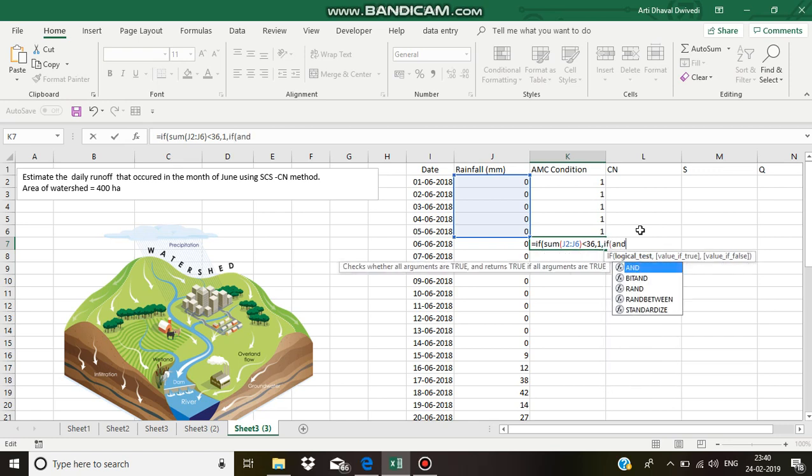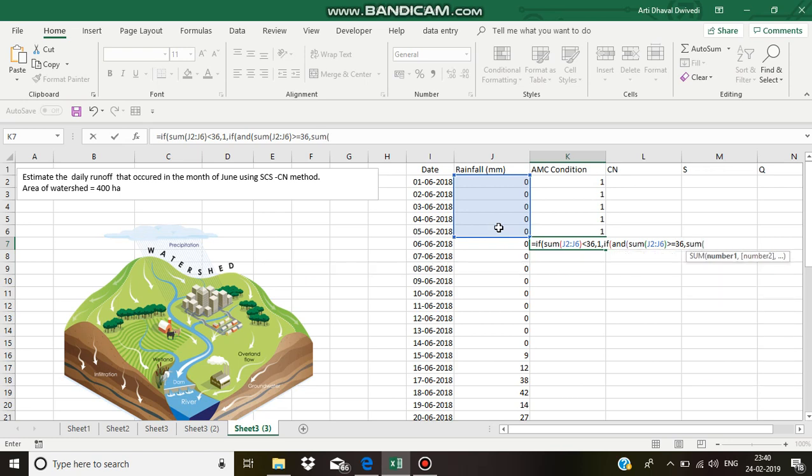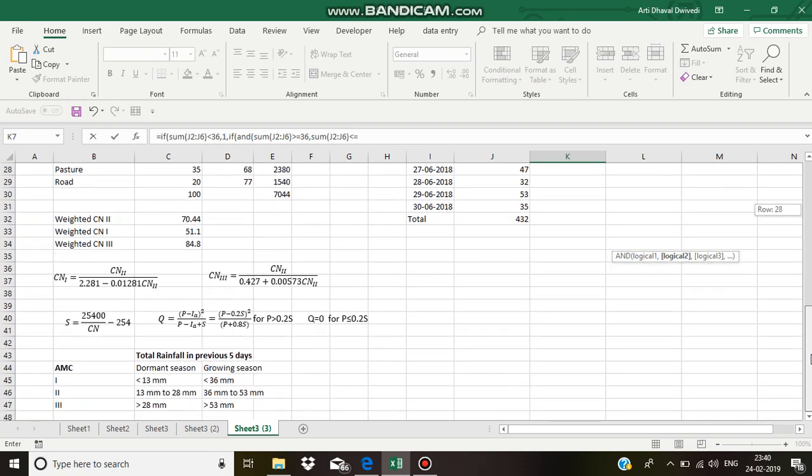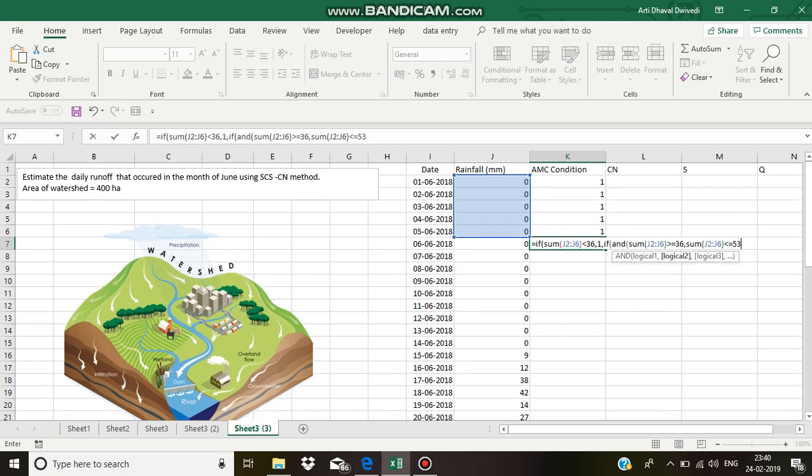And if the sum of previous 5 days rainfall, sum of J2 to J6, is greater than or equal to 36 but less than or equal to 53, then the AMC condition would be 2, and if it is false, then 3.